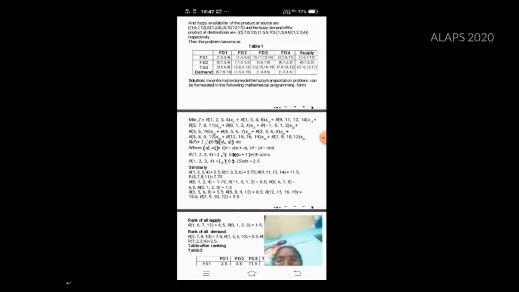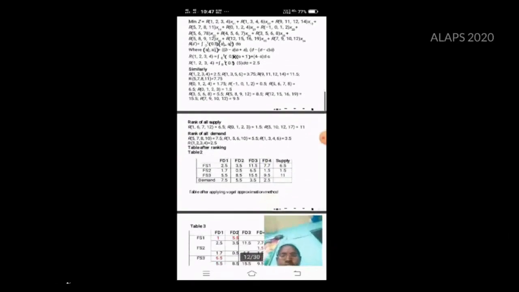After the integration, the robust ranking of 1, 2, 3, 4 equals 2.5. Similarly, we can solve all the values, the rank of all supplies and the rank of all demands, giving table 2.